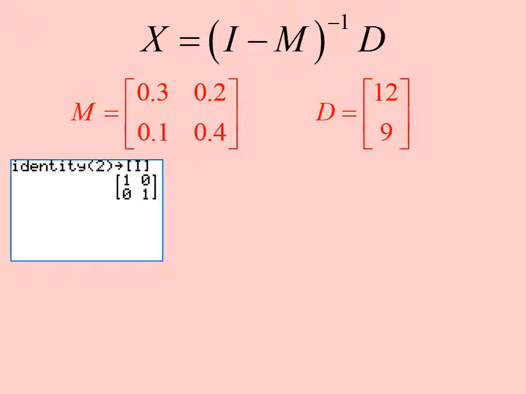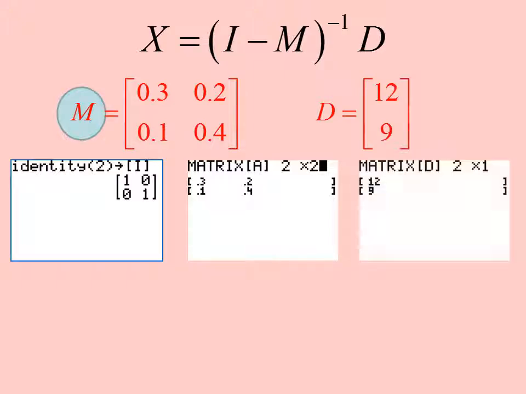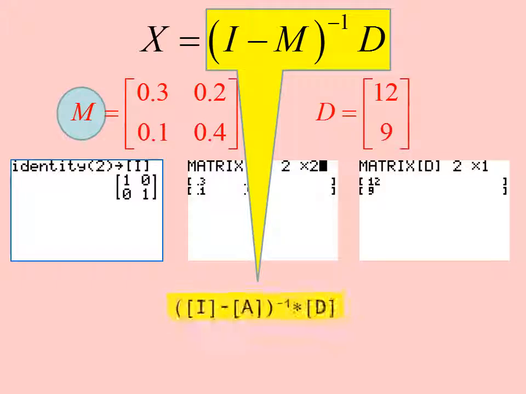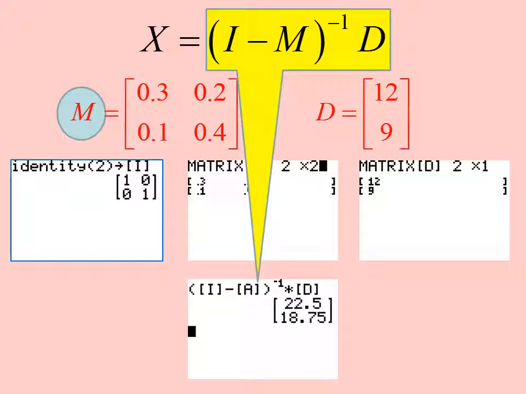So we'll type that in matrix I. We can't use the M matrix because there's not an M on our calculator, so we'll type that in matrix A, and then we'll type matrix D. After typing those into our calculator, we have to type I minus A, since we're using A instead of M, inverse times D. That comes out looking like this. Now the neat thing is, top number X, bottom number Y, and there's our answers.